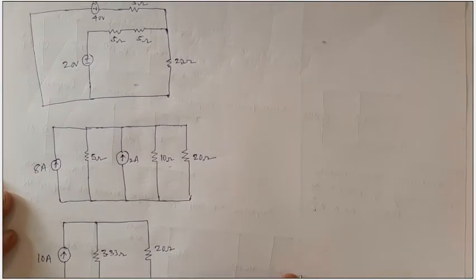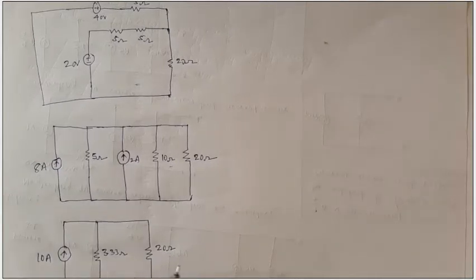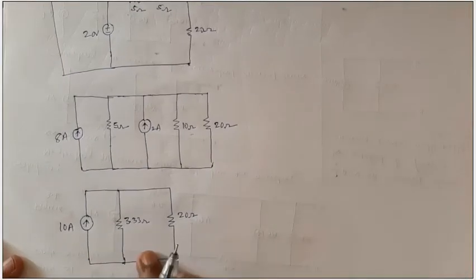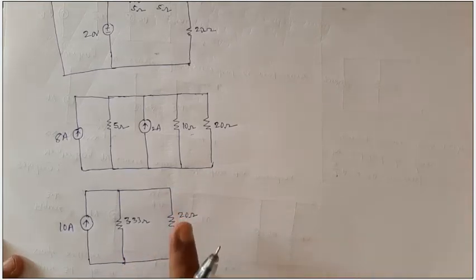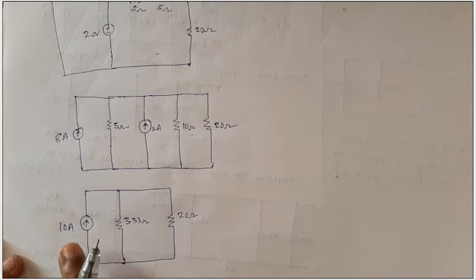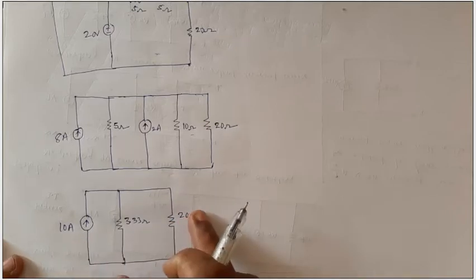What we can do is convert this to an equivalent voltage source and use the voltage division rule to find the voltage across 20 ohm. Otherwise we can find the current through this resistor and multiply that current by 20 ohm to get the voltage.